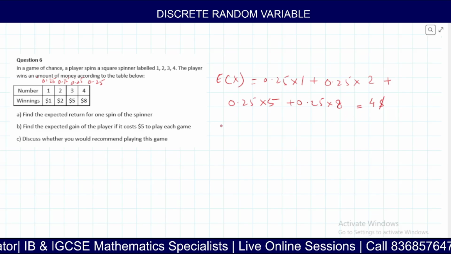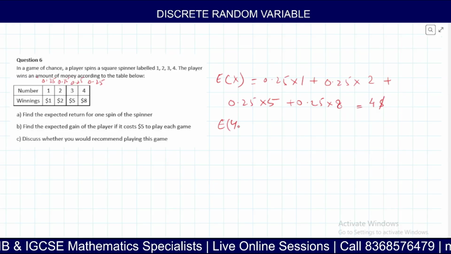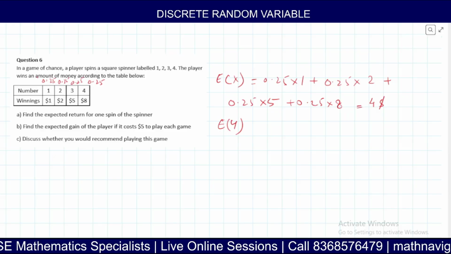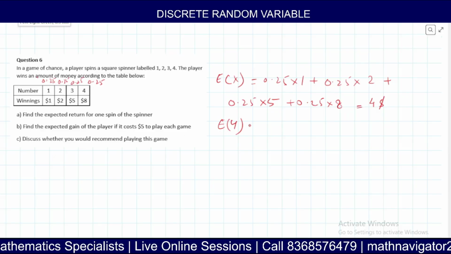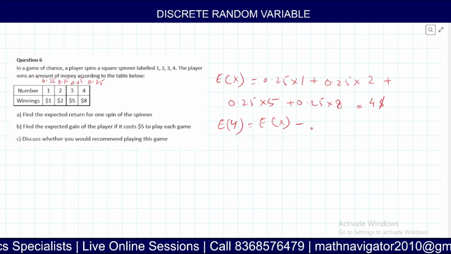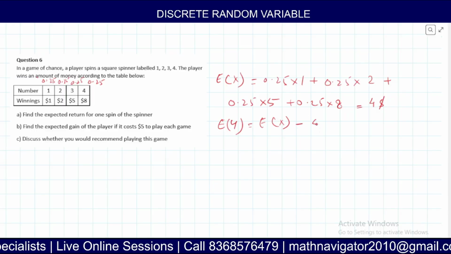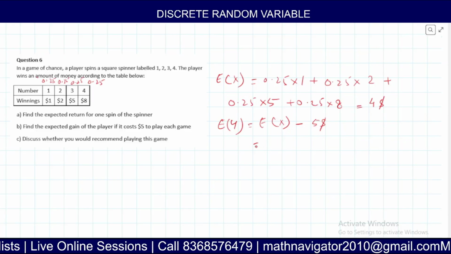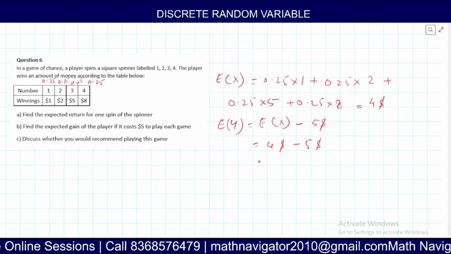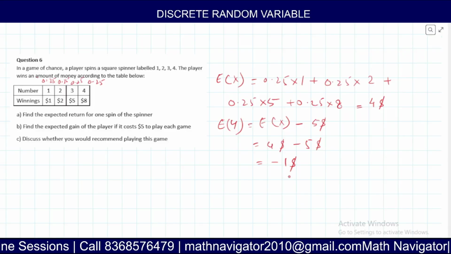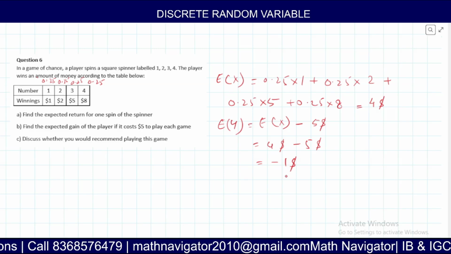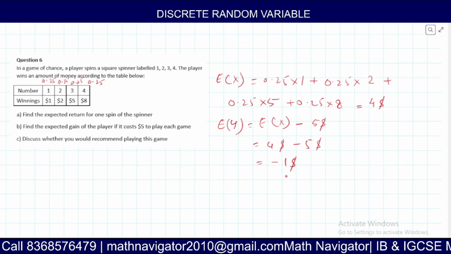This is called expectation of Y. Now basically EY, what is expectation of Y? Y is what ultimately I will get after paying the amount. So this is like $4, which is read as expectation of X minus what I'm paying. I'm paying $5, right? So expectation of X is $4 minus $5, that is negative $1. That means if I play this game, ultimately I'll lose $1 per game.